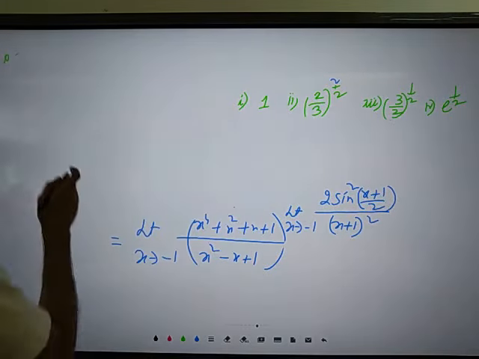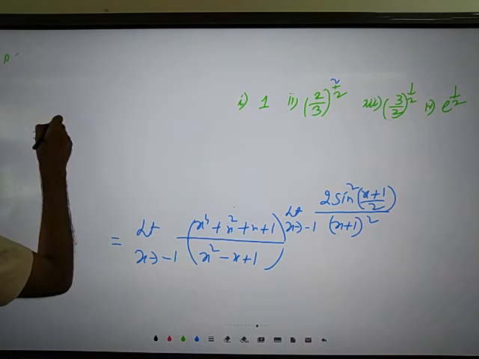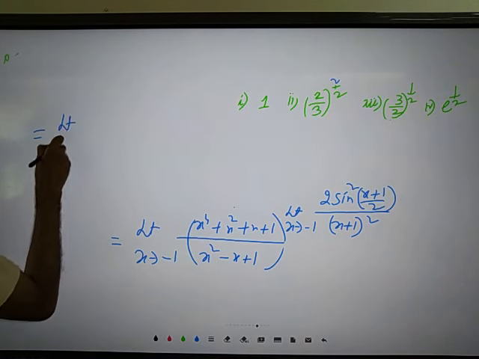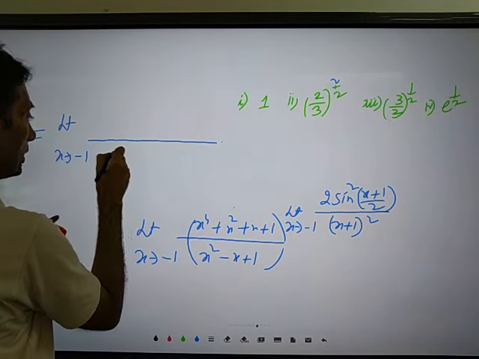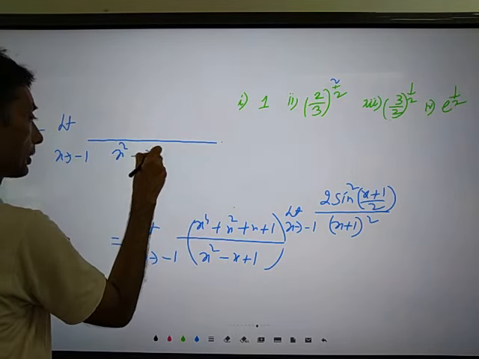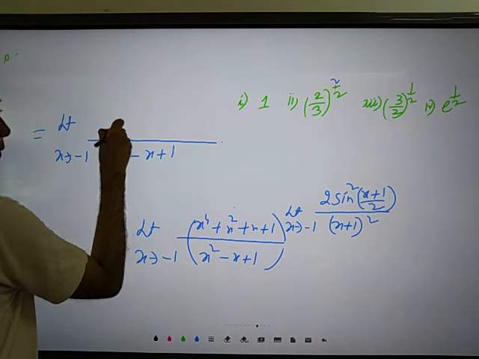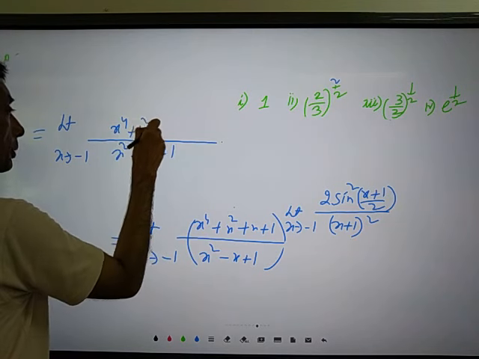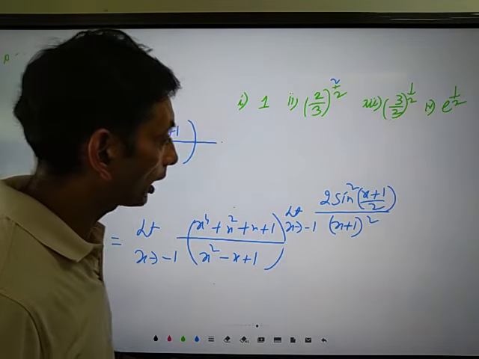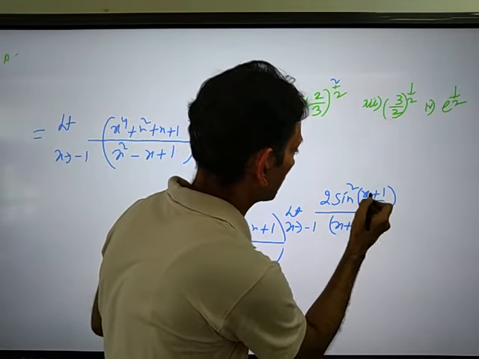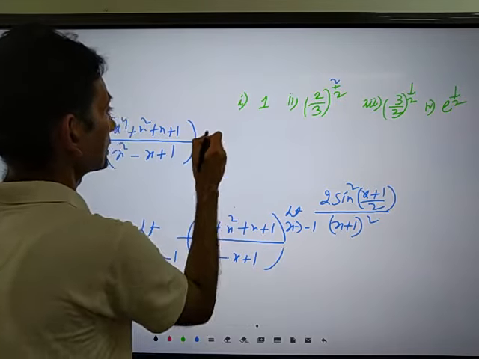Okay, let's proceed. Limit x tends to minus 1. So you can take the limit on this together. So x to the power 4 plus x squared plus x plus 1, done. Now this is sine squared((x plus 1) by 2). So the denominator you can just write in this way.